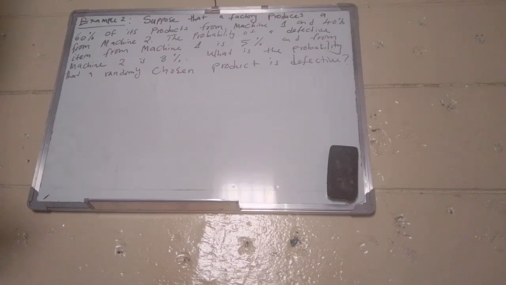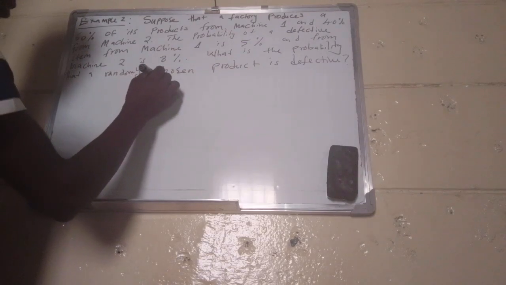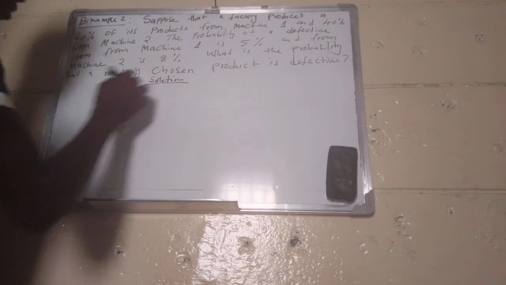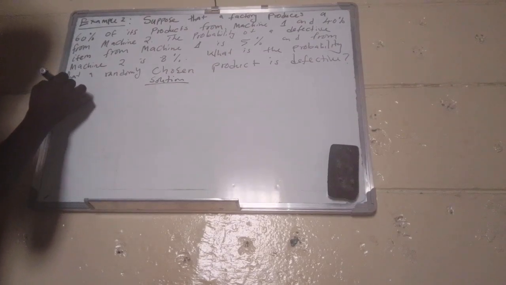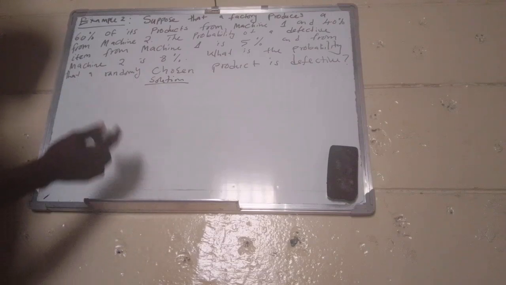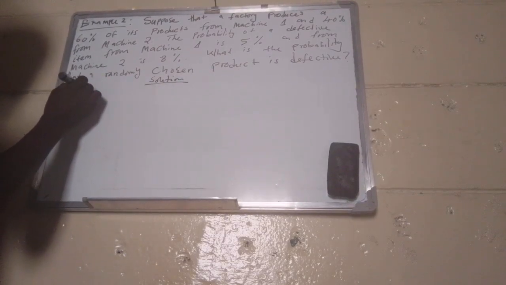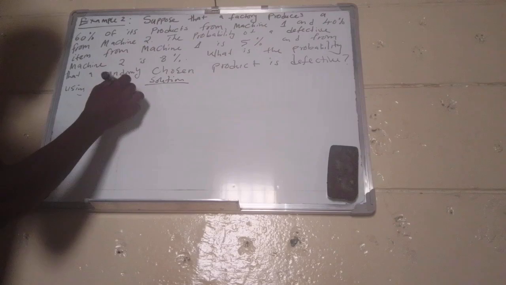So when you pick a product at random, what will be the probability that that product is defective? Given that from machine 1 it can be defective, it's 5%, but from machine 2 it can be defective, it is 8%. So now, how do we find this? We are using the total probability rule, which is also called the partitioned event rule.